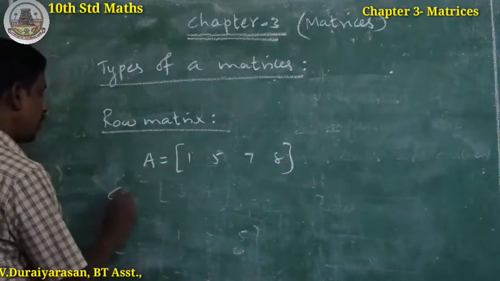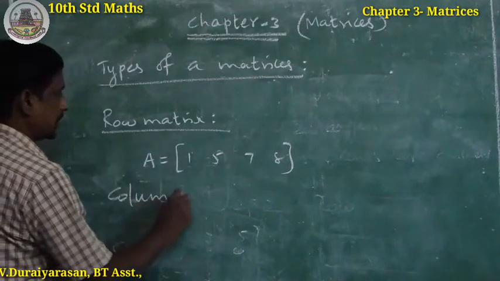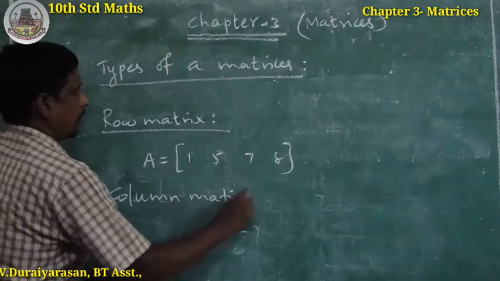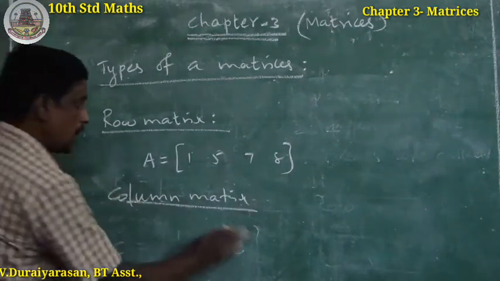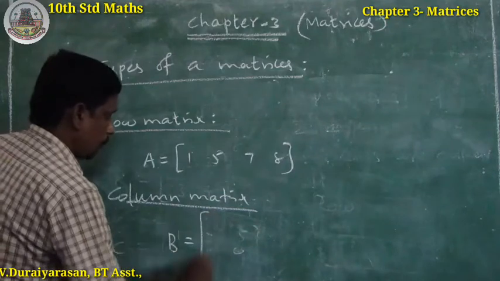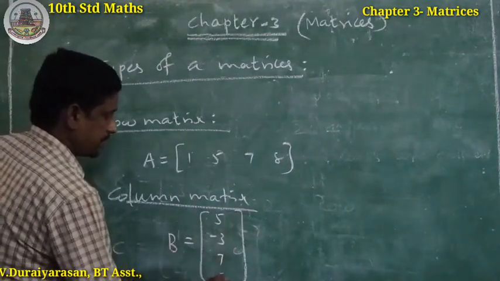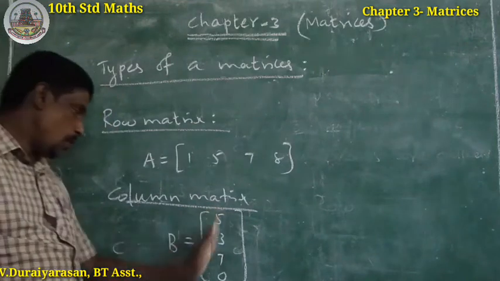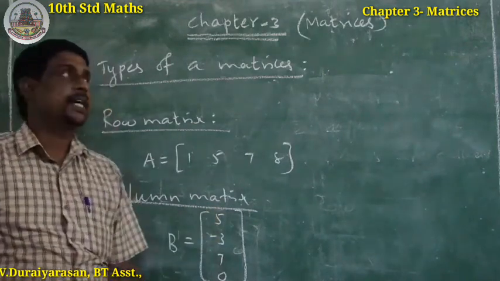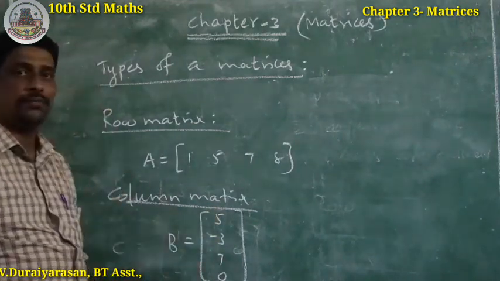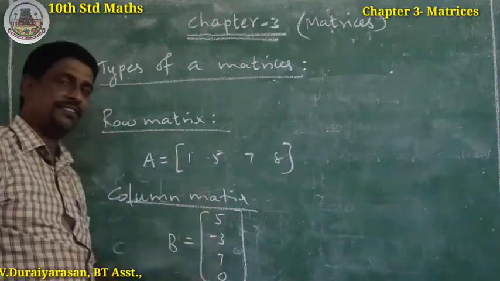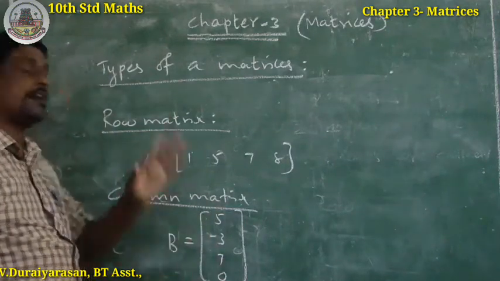Next, column matrix. Only one column, only one vertical arrangement: 5, minus 3, 7, 0. Only one vertical arrangement is called a column matrix.